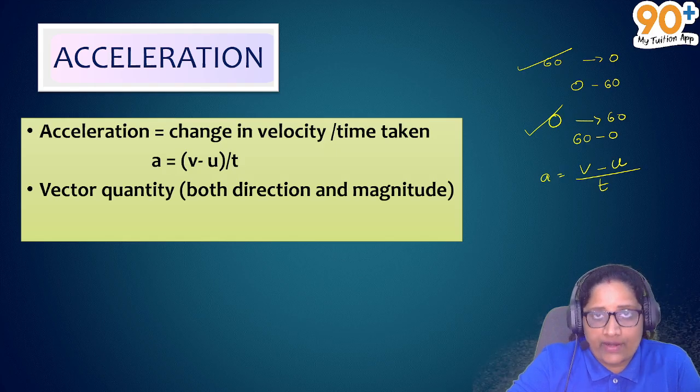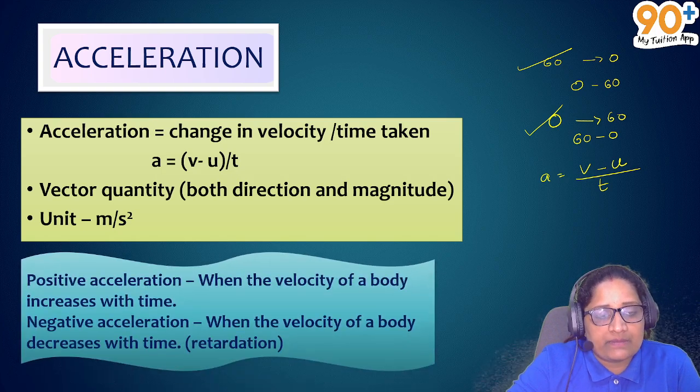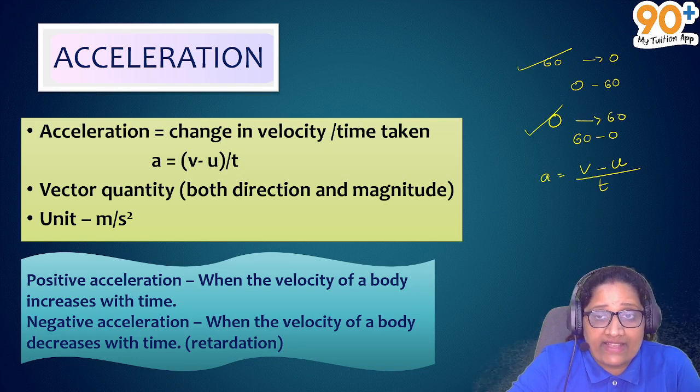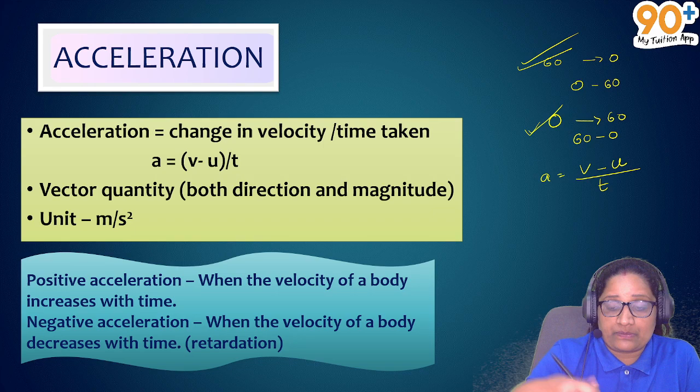It is a vector quantity, with both direction and magnitude. Its unit is meter per second square. Positive acceleration is when the velocity of a body increases with time. Negative acceleration means deceleration or retardation, when the velocity of a body decreases with time. Here speed decreases, there speed increases.